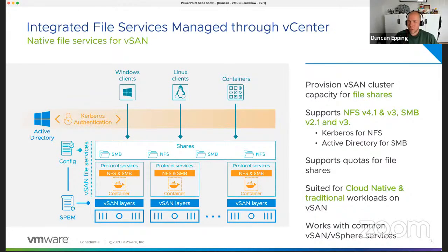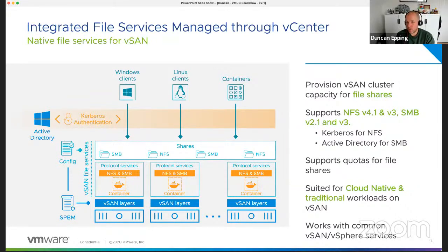This is probably one of the most requested features that we've had over the past 4 or 5 years. But as you can imagine, creating a distributed file services solution does take a significant amount of time. That's why it took us all the way up to vSAN 7.0 before we introduced vSAN file services.